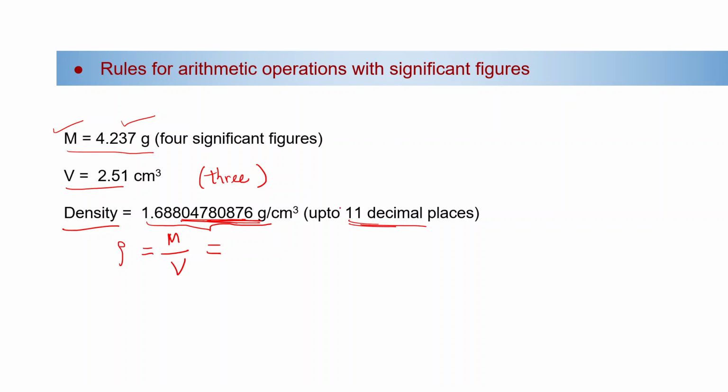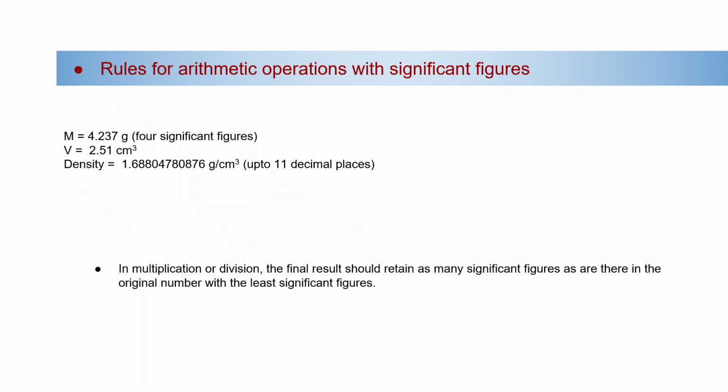So here comes our rule: in multiplication or division, the final result should have as many significant figures as there are in the original number. But which original number? We have two numbers here. The original number with the least significant figures. Here there were four significant figures, here there were three. So in our final answer, we should have three significant figures.